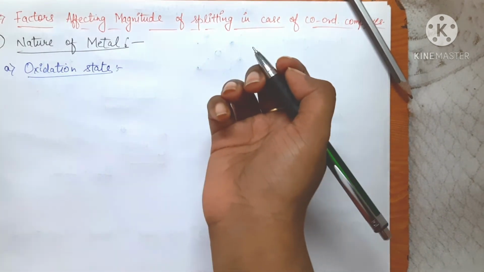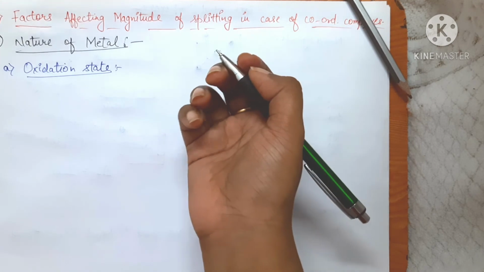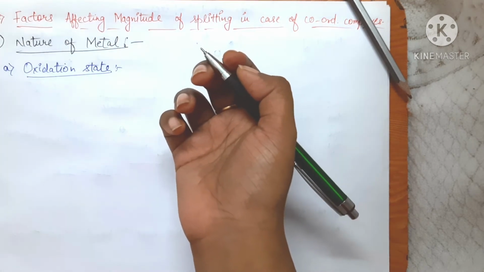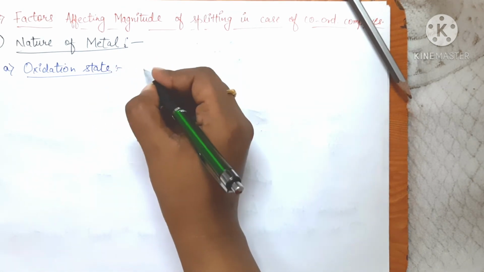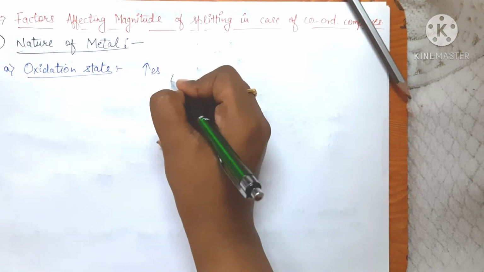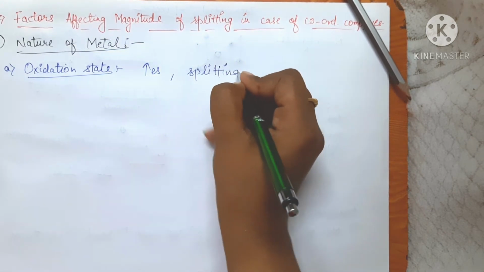See, if there is a metal present and its oxidation state is increasing, then what is going to happen with the splitting of the d orbitals of the metal? If oxidation state increases, then the magnitude of splitting will also increase.